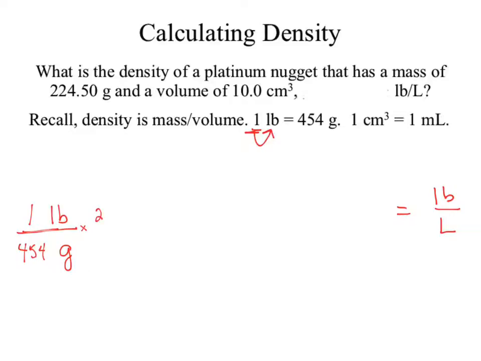I have 224.50 grams. Why did I place that in the numerator? I want my units to cancel. What do I put in the denominator? I heard a couple people say nothing. Okay. 224.50 grams.